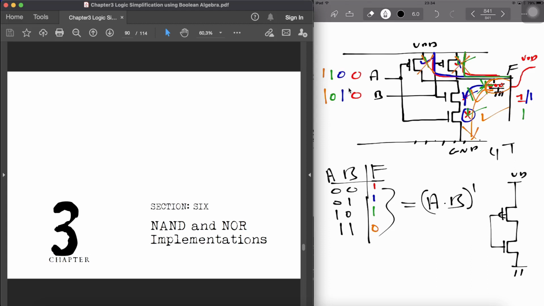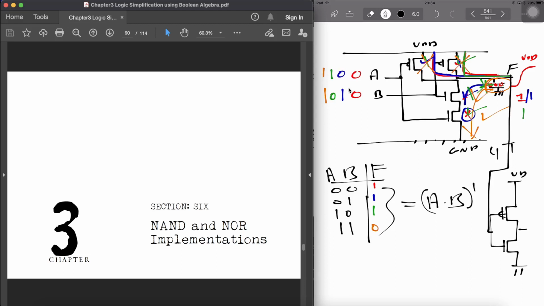So this output has to be connected over here, and you have got, let's say, function G or X, and that X is actually (A dot B) prime prime, which are going to cancel each other, so X equals A dot B. So it's an AND function. So the base of AND is actually NAND.